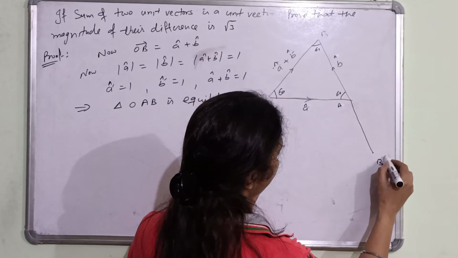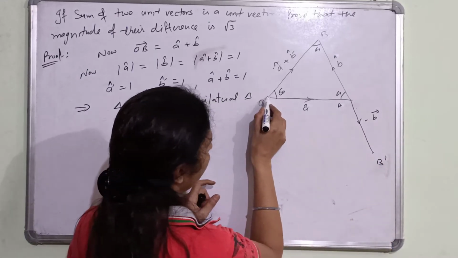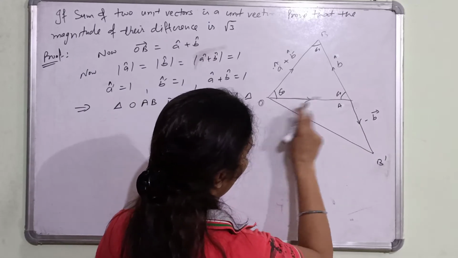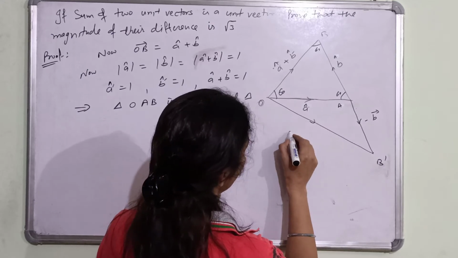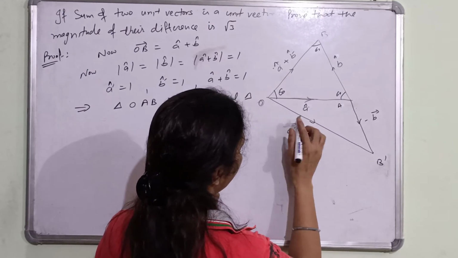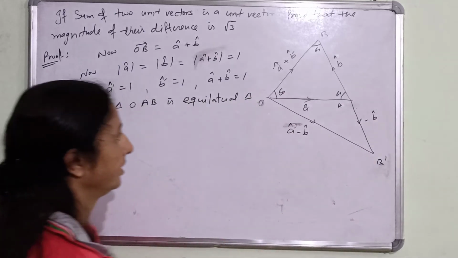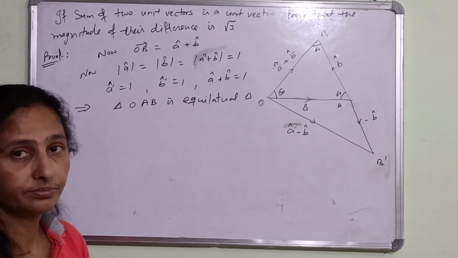This would be B dash, so this would be minus B. So it could be here. So OB dash is equal to A unit vector minus B unit vector. So we have to find this.